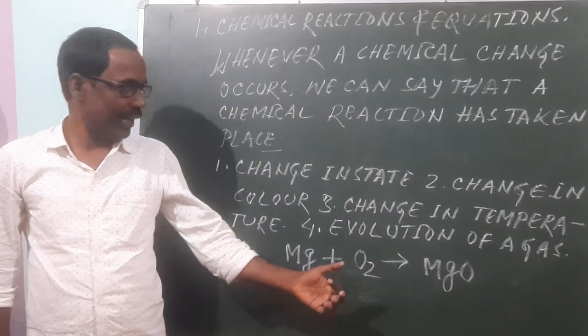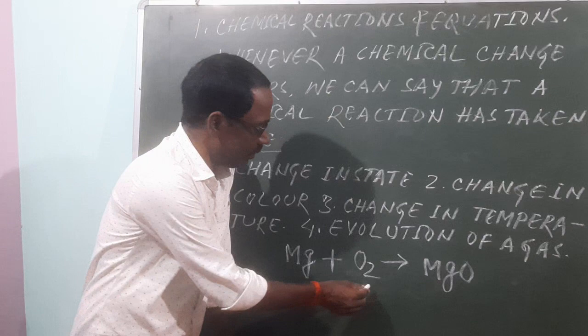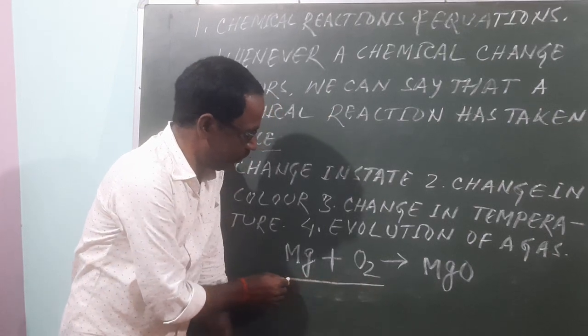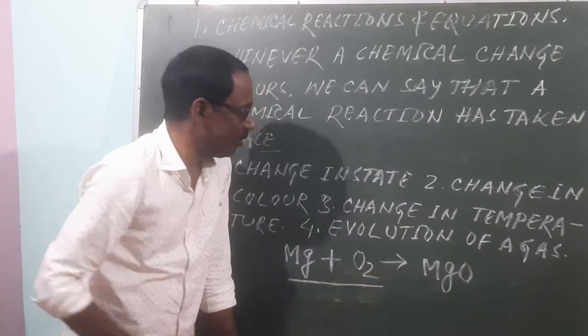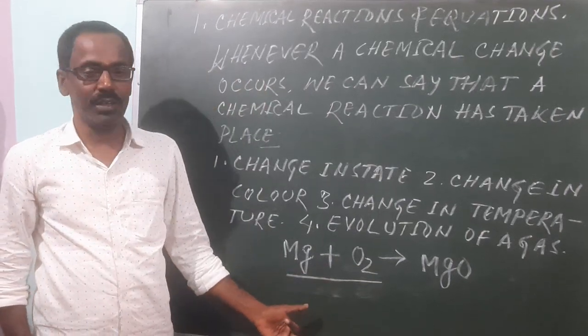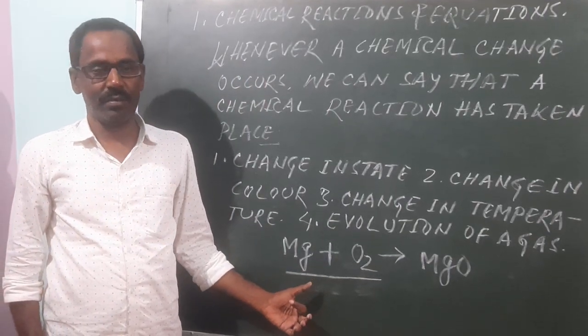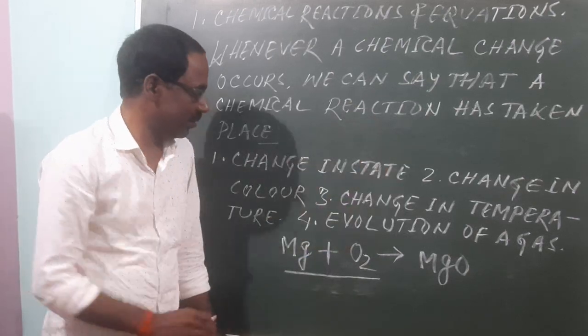The substance which is present on the left hand side of the horizontal arrow is said to be the reactants of the chemical reaction.